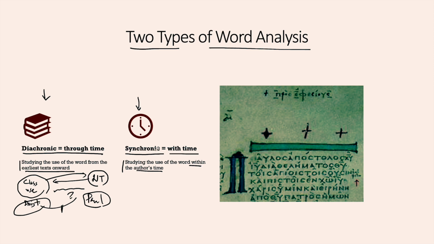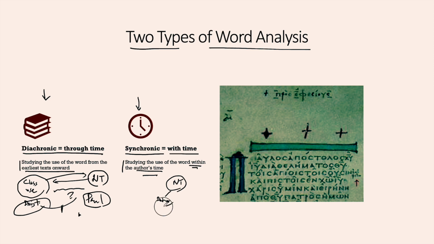The other way, and the way that I think is probably a better way, being aware of this is important, but a better way of studying the word is within the author's time. So think about the New Testament time. So we want to look at how the author of that New Testament book uses that word.